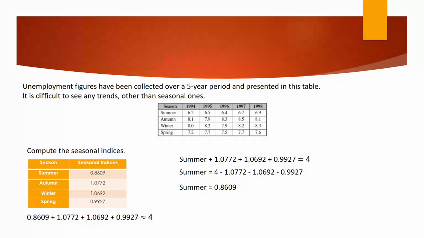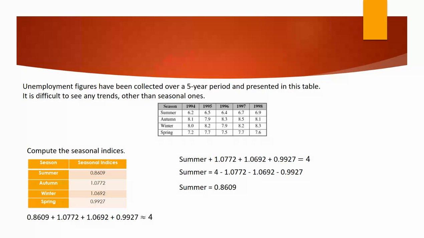For example, here I gave you 4 seasons, therefore it will be 4. In some cases, only 3 seasons will be given, therefore the sum of the 3 seasonal index values will be 3. If 5 seasons are given, the sum of the 5 seasonal indices will be 5.